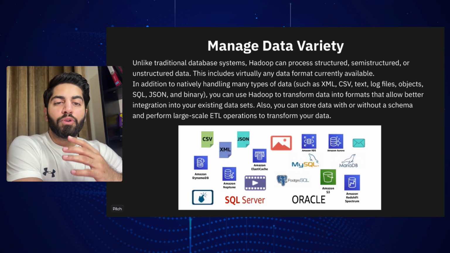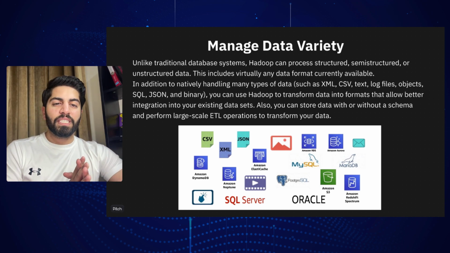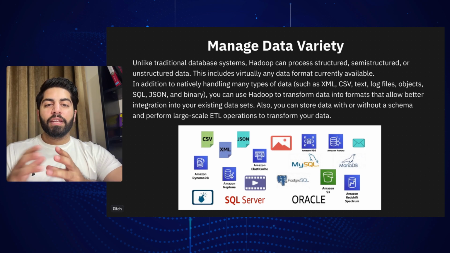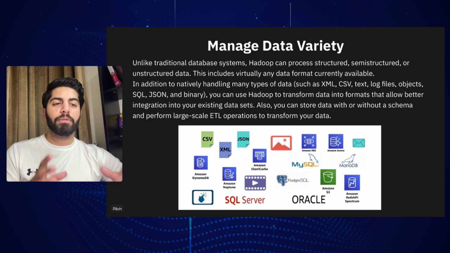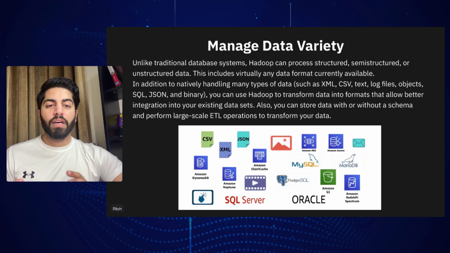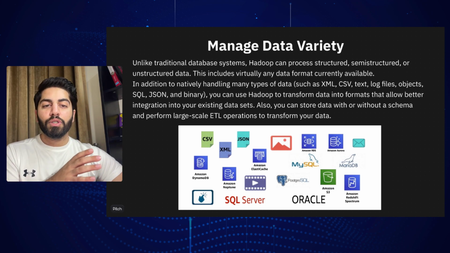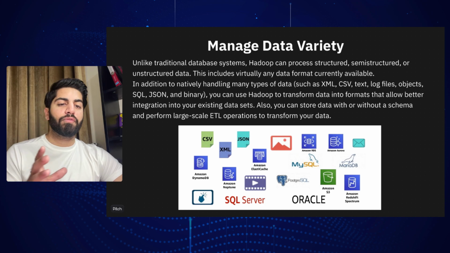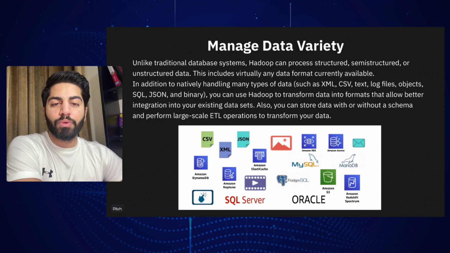Hadoop is also very good at processing data. Unlike a traditional database, Hadoop can process structured, semi-structured, or unstructured data. This includes virtually any data format currently available, in addition to natively handling many data types such as XML, CSV, text, log files, objects, SQL.